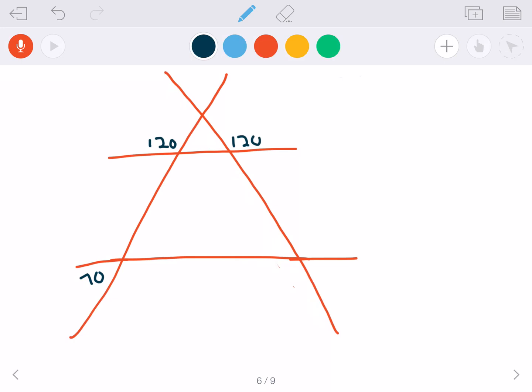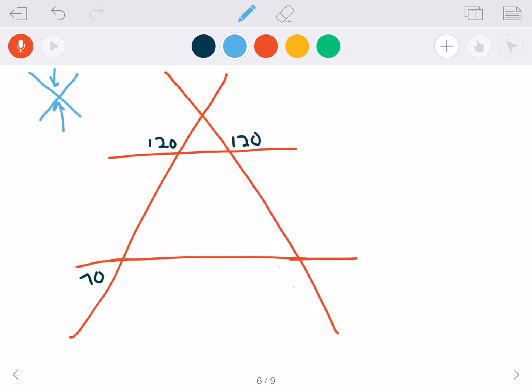So first thing that we're going to refresh our memories on is what a vertical angle is. So if you look at the upper screen here, a vertical angle just means the two angles that are directly across from each other are congruent.